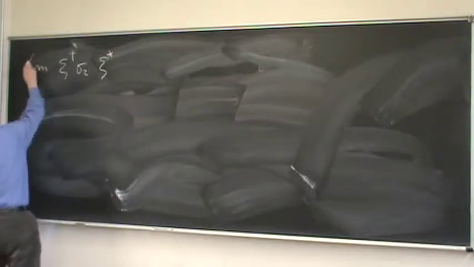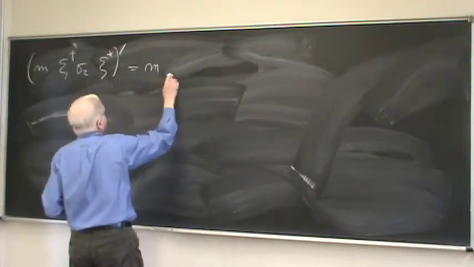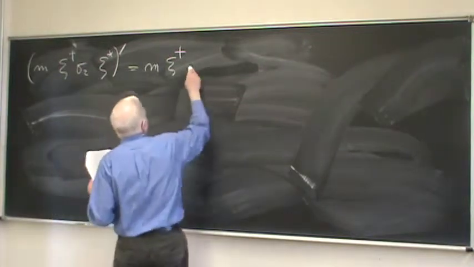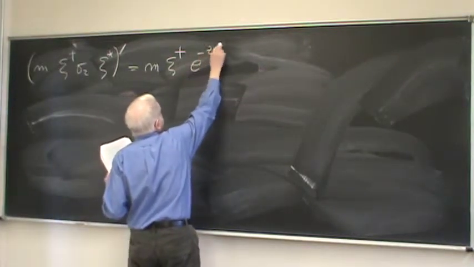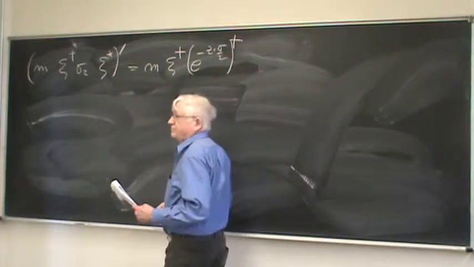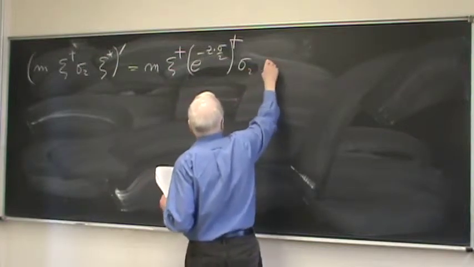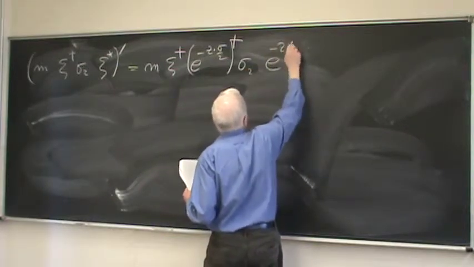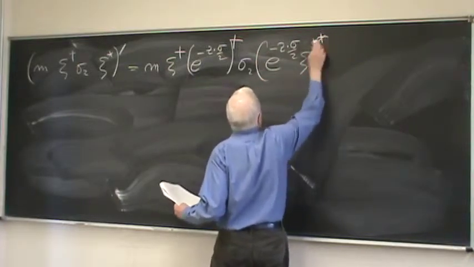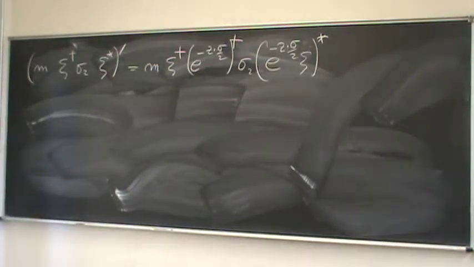So this thing prime is m psi dagger e to the minus z dot sigma over 2 dagger sigma 2, and then e to the minus z dot sigma over 2 psi star. Star being you complex conjugate all the numbers.